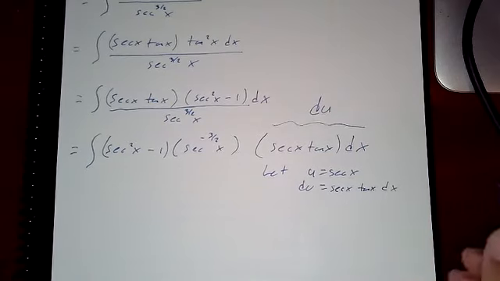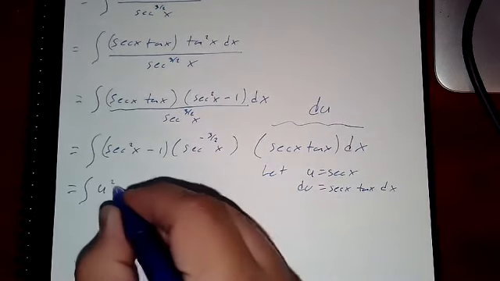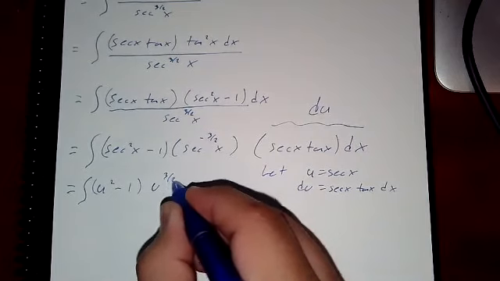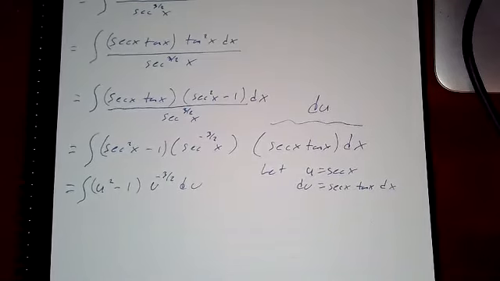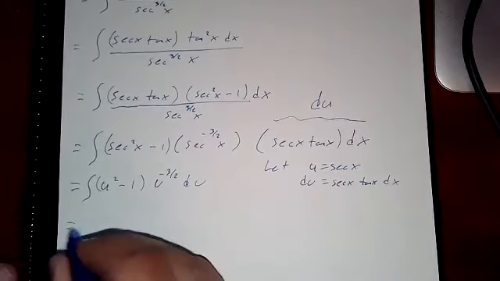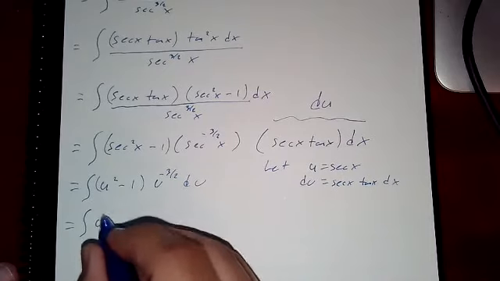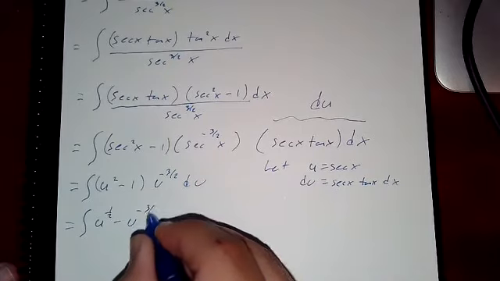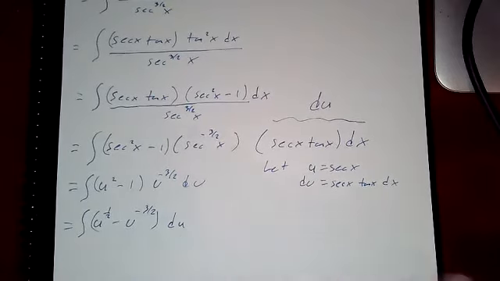So that's what we needed. So we have the integral of u squared minus 1 over u to the 3 halves, du. Now we can integrate that, no problem, right? Integral of u to the 1 half minus u to the negative 3 halves du.